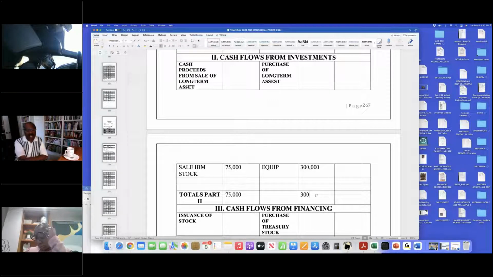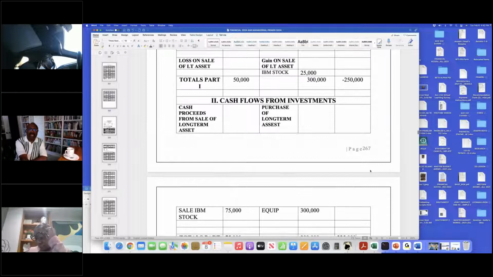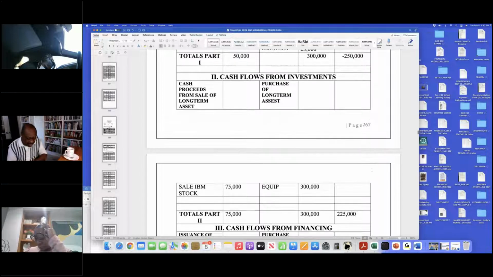So we netted $225,000. So where did it come from? We didn't have an operation. We got a minus 225 here.